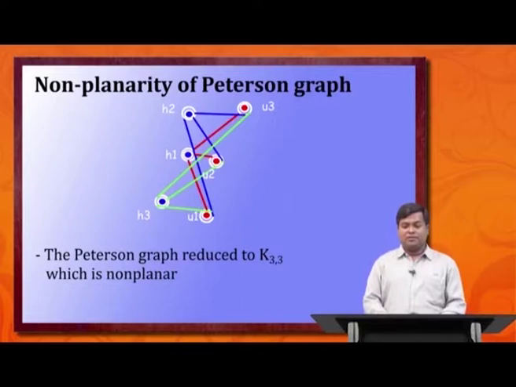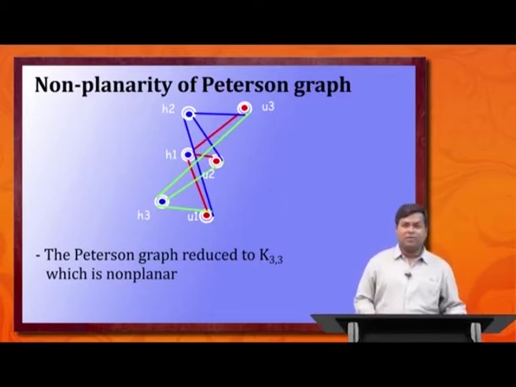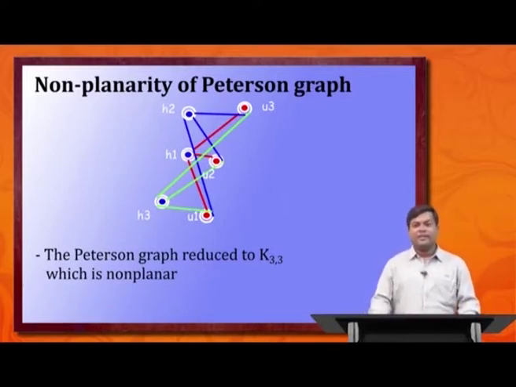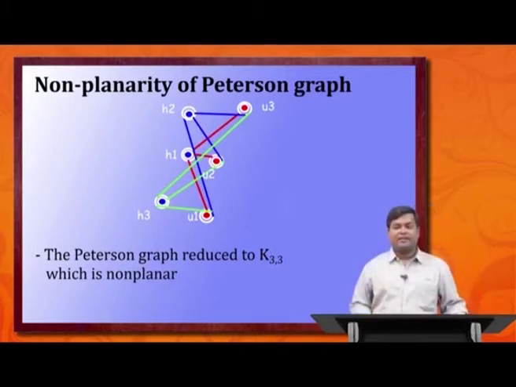Okay, so we have learned how to check the planarity of a graph using the topological concept. If any graph is given to us, first we will try to find out whether it contains a subdivision of K33 or K5. If we get it, then we will say this is a non-planar graph.